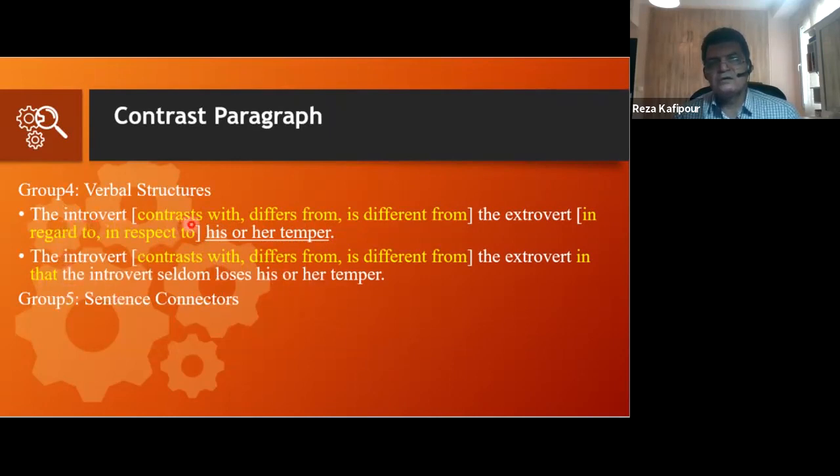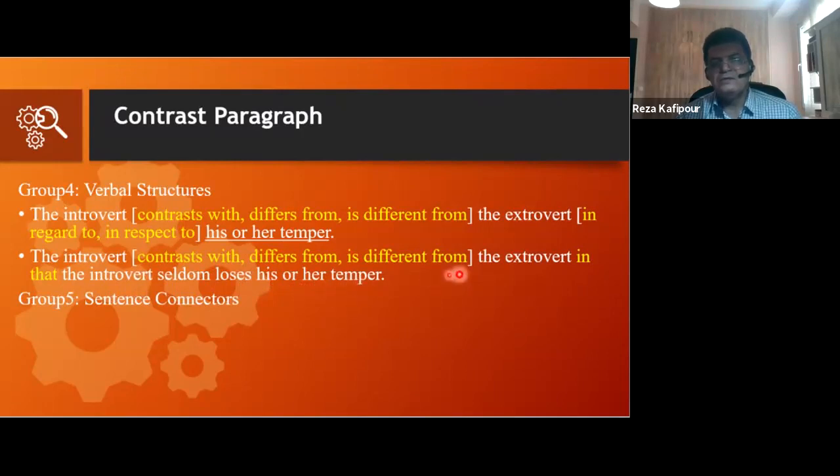The introvert contrasts with the extrovert in respect to his or her temper, or in regard to his or her temper. One structure, or the same idea can be rewritten by this structure. The introvert contrasts with the extrovert in that the extrovert seldom loses his or her temper.